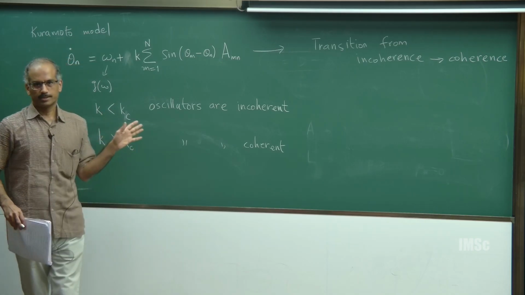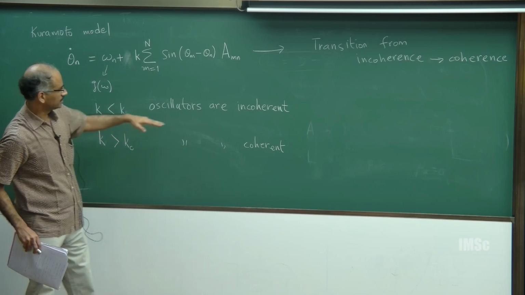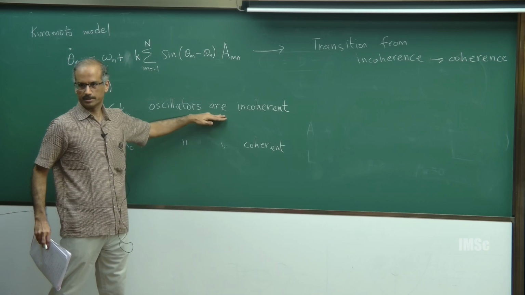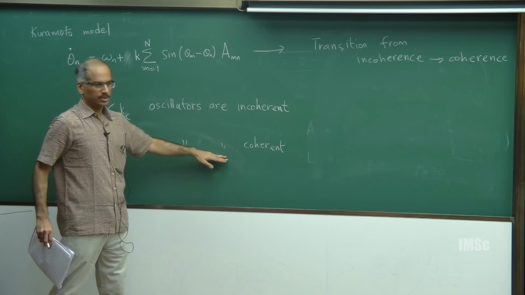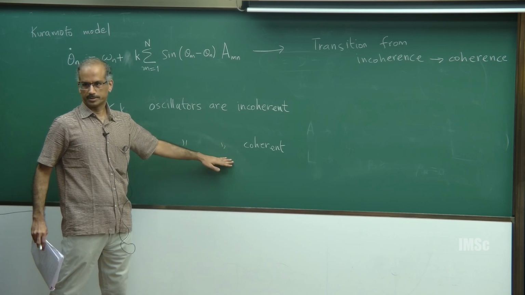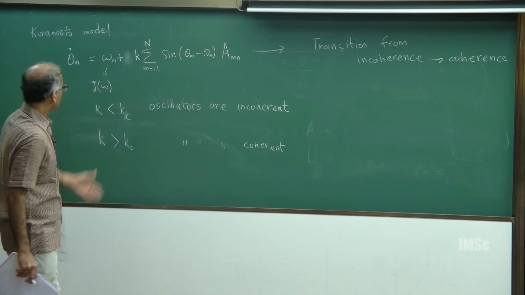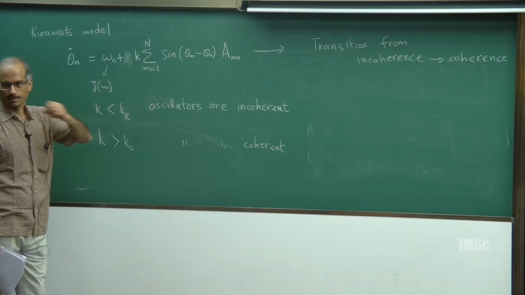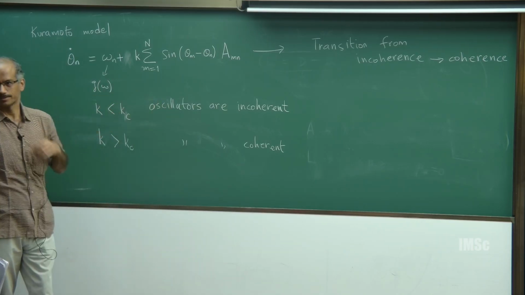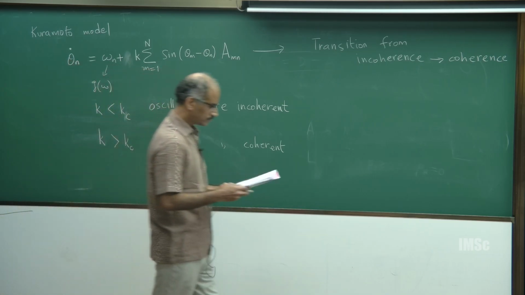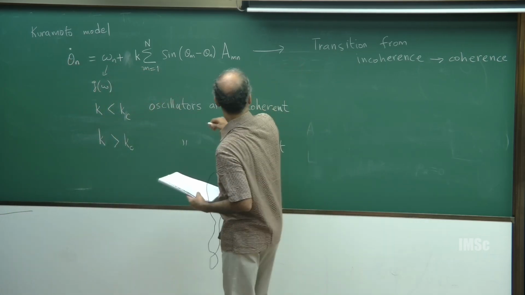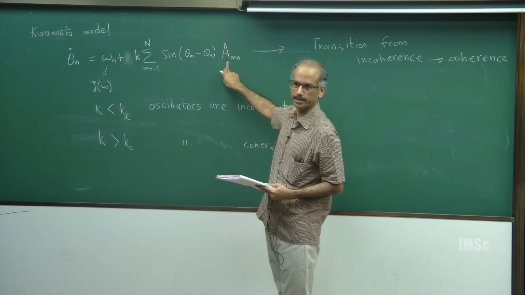When you do that it will stay at, let us say, 0 in this regime and will go towards some non-zero value in this regime. Can kc be solved from the equation? For the simplest case of the Kuramoto model it can be solved, yes. But I am not sure that it is solvable when you put in an arbitrary network.